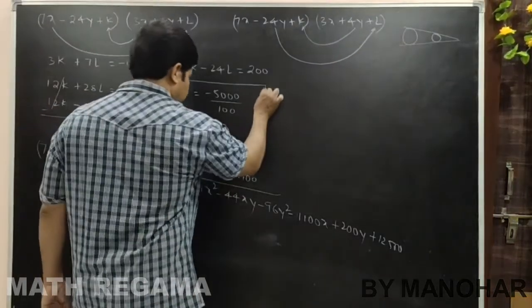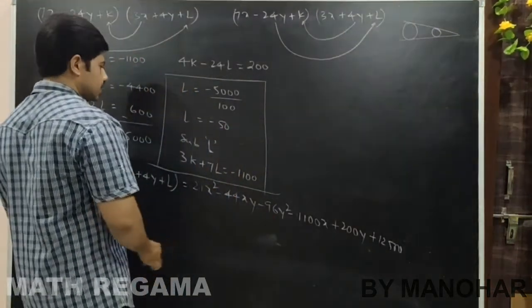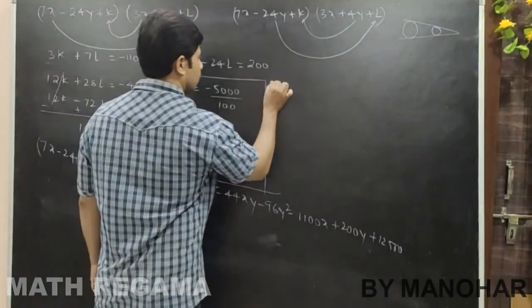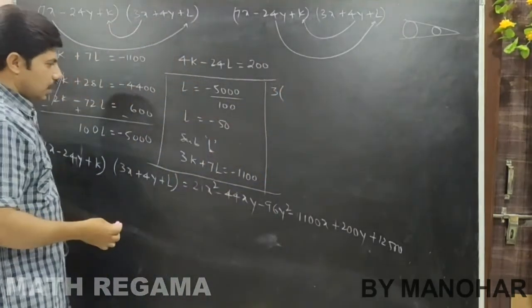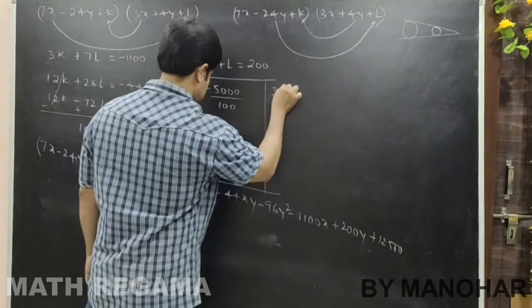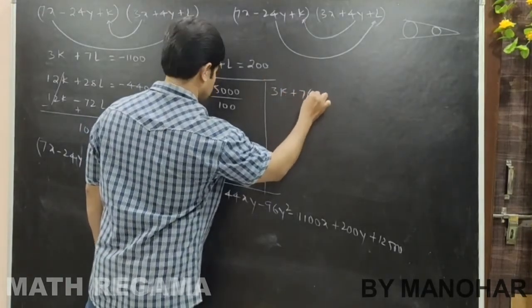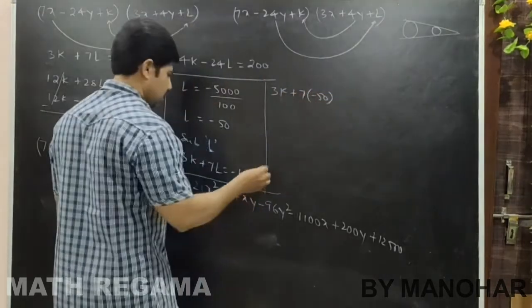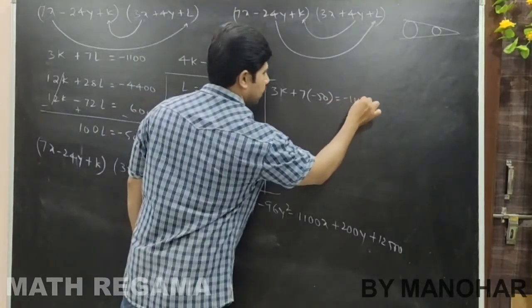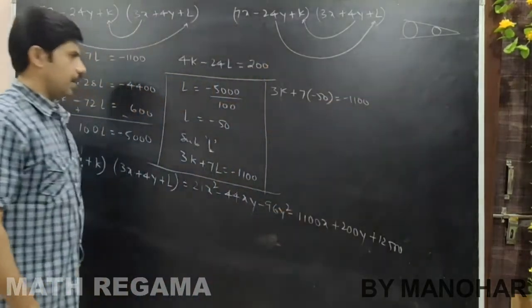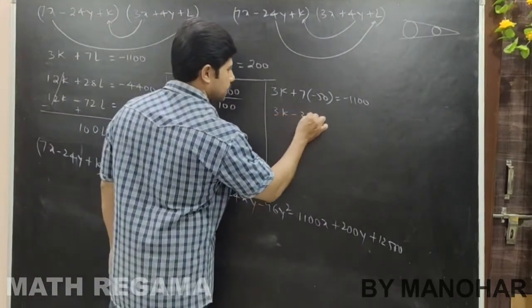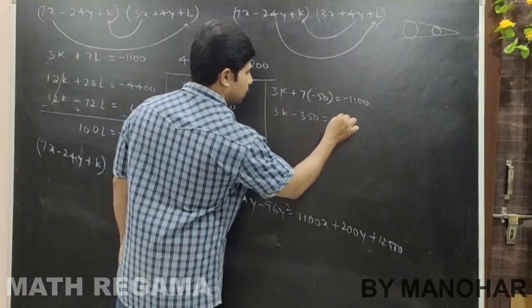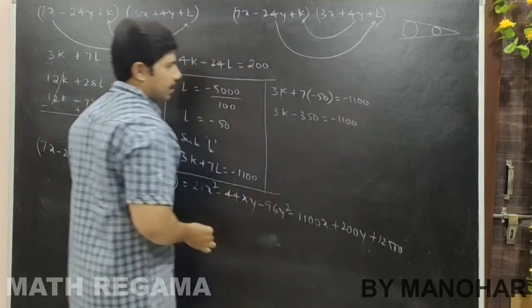So if I substitute now, 3k as it is, plus 7 into minus 50 is equal to minus 1100. We'll simplify this: 3k minus 350 is equal to minus 1100.